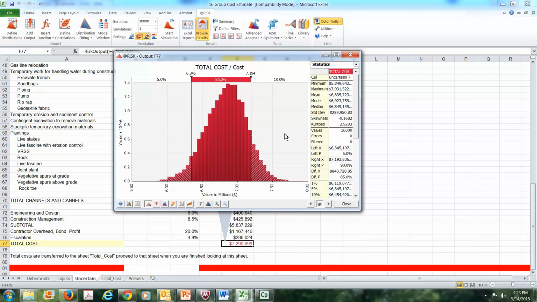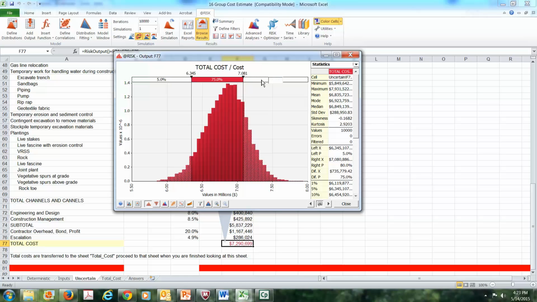If my estimates, if my uncertainty about the quantities and the unit cost is reasonable. And if you said, well, I'm a little bit more of a risk taker than you are, and you might say, I want 20%. Well, then you would use a lower cost estimate. You'd say $7,081,000. Okay? So there are many ways that we can use this information to our advantage.